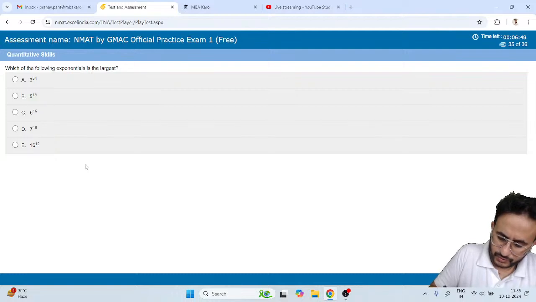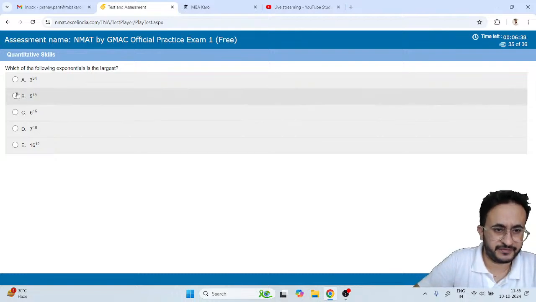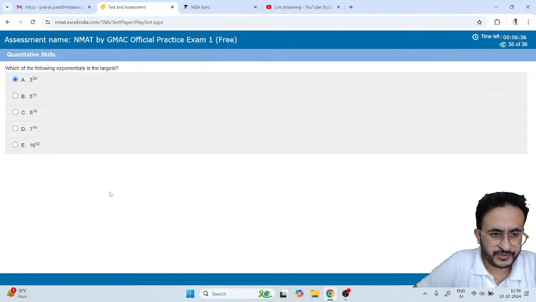So we have approximately 27 to the power 11 point something. So 9 to the power 17 will give us the highest out of these.